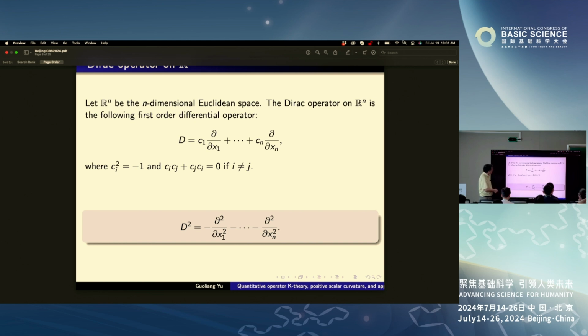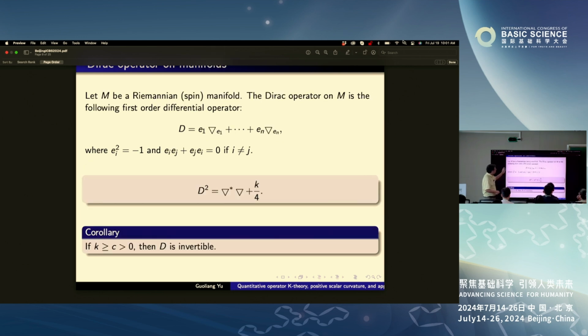Now in general, when you have a Riemannian manifold, we just imitate the process, except we have to replace the partial derivative by the covariant derivative because we no longer have a single coordinate chart.